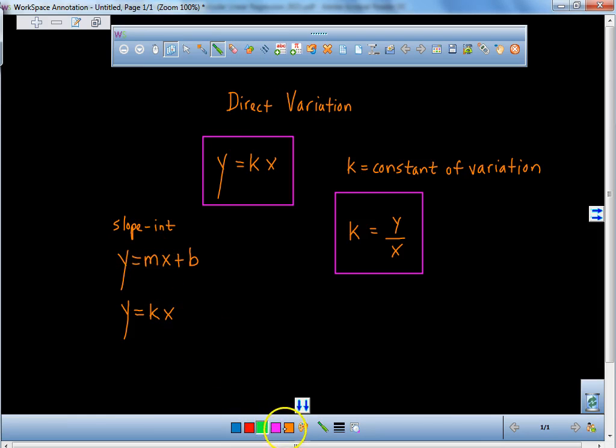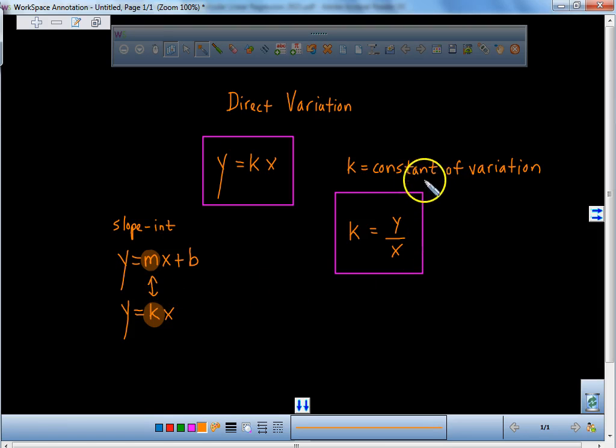Does everybody see the m value right there? And you see this k value? What I want you guys to understand is they actually are the same. So when I say constant of variation, that's basically talking about what? It's talking about the slope in a direct variation equation.